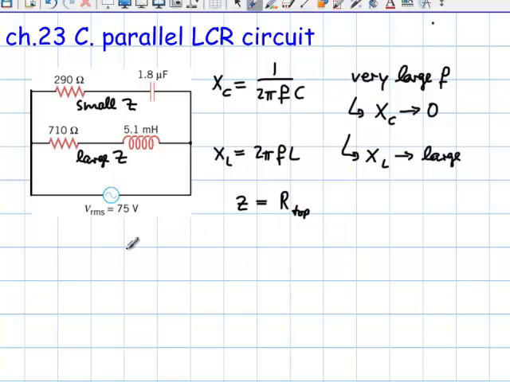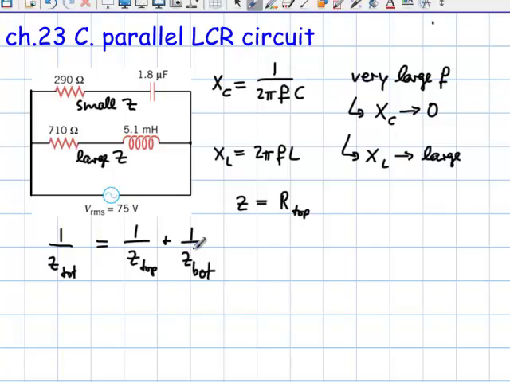Actually, let me write that down. Now that I said it twice, might as well write it down. So the top plus the bottom, and that would be the total. This one says top, and this one says total.